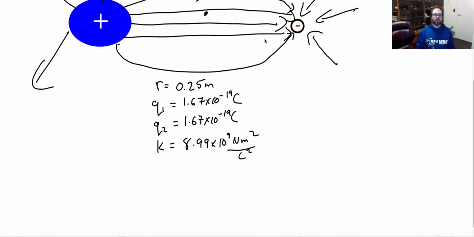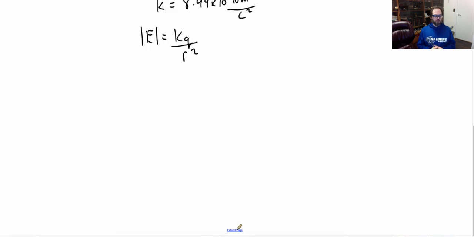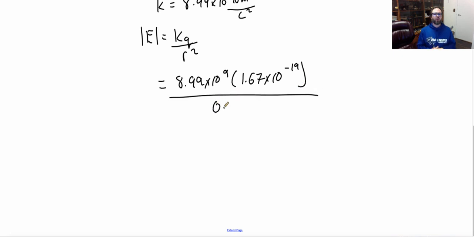So let's put in my equation here. My electric field strength is equal to Coulomb's constant multiplied by my source charge divided by my radius squared. That's going to give me 8.99 times 10 to the 9 multiplied by 1.67 times 10 to the negative 19, divided by 0.25 squared. When I put this in my calculator, I'm going to end up getting 2.4 times 10 to the negative 8 newtons per coulomb.